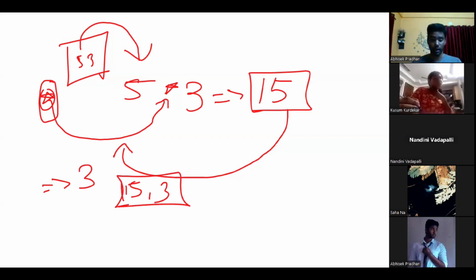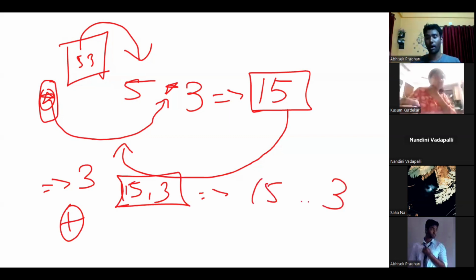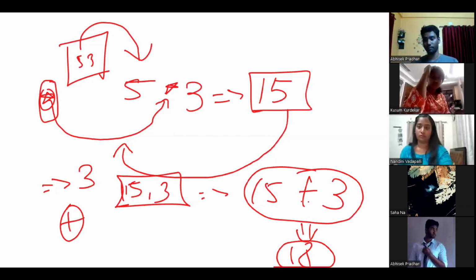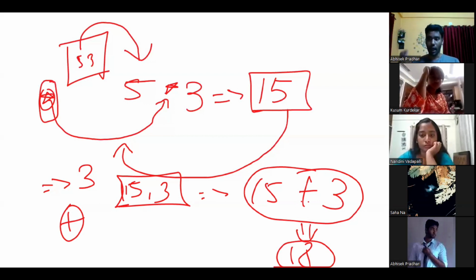And if a different operator comes, let's say addition, 15 and 3 will be popped out, the addition operator would be added in between, and your final result will be 18. This will again be sent back to the stack until a new operator or function is encountered. And that is how you evaluate.